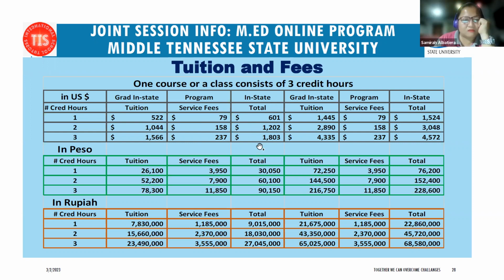Yes, that's correct. So if we times 3, we go down here, there'll be like 1803 for one course. That is for in-state. For out-of-state, that will be 4572 on the very right. So about 4,500 per course.